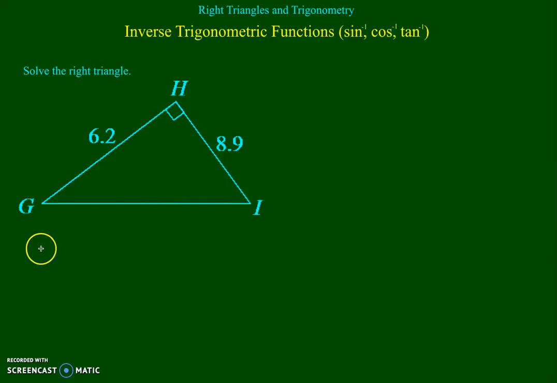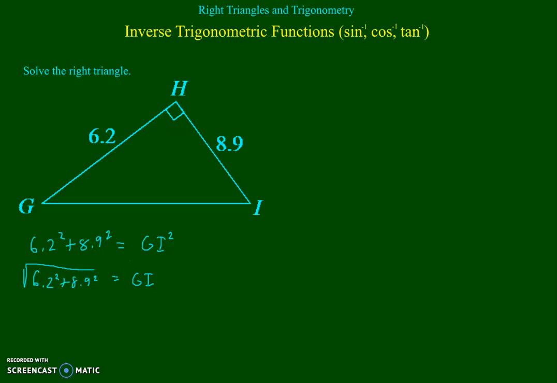So we know that the sum of the squares of the legs, 6.2 squared plus 8.9 squared, equals GI squared. We're going to take the square root of both sides. So the square root of 6.2 squared plus 8.9 squared equals GI.